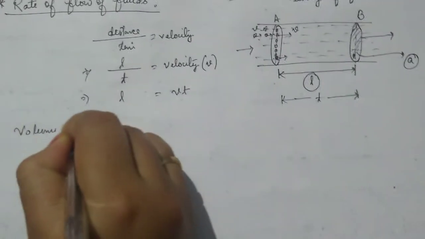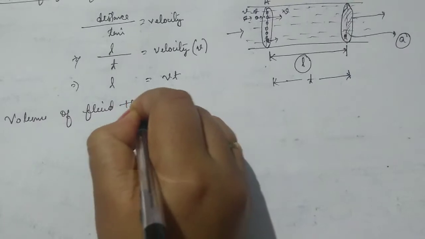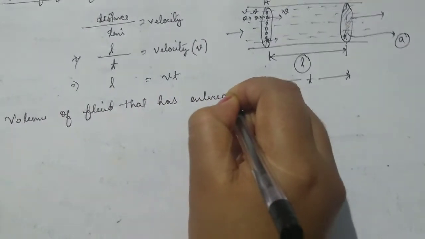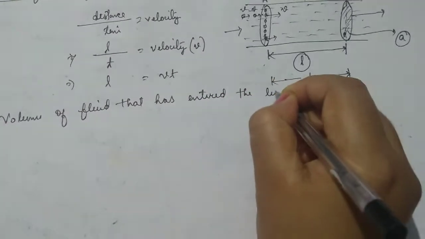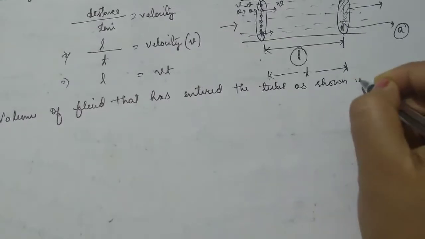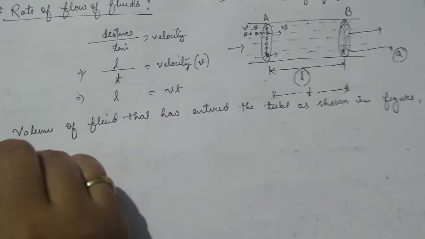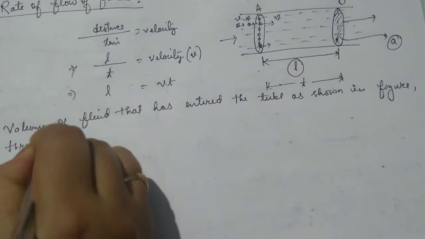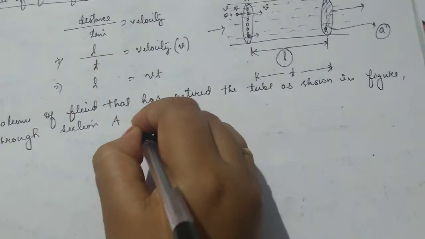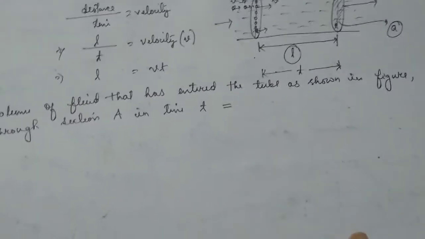Volume of fluid that has entered the tube as shown in figure, through section A in time t is equal to.